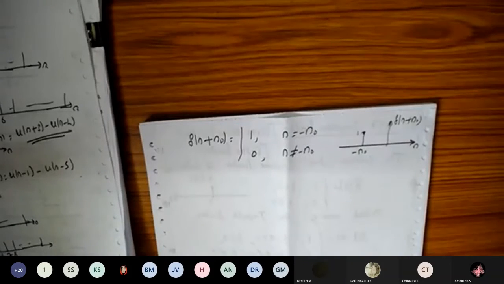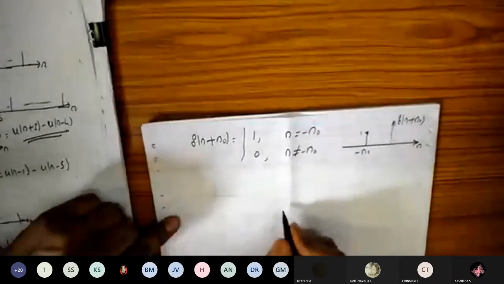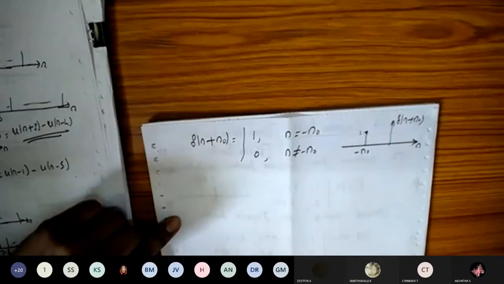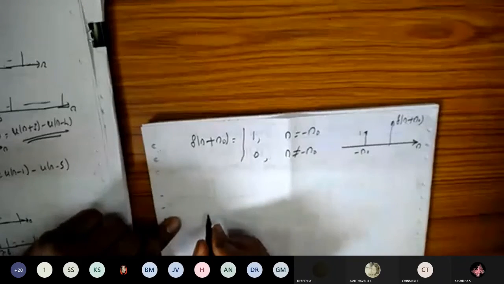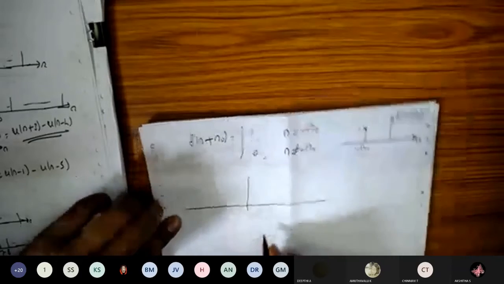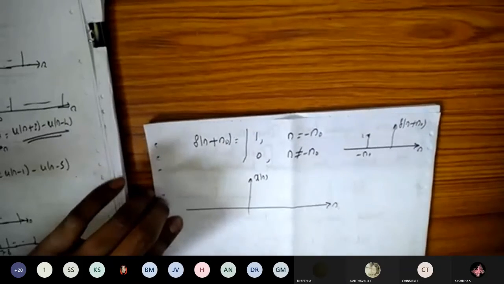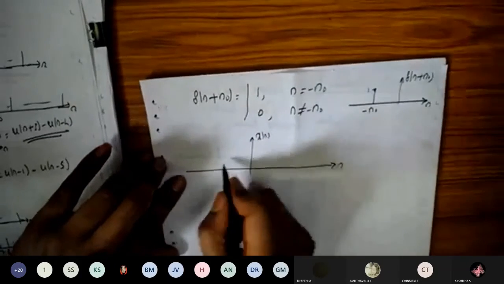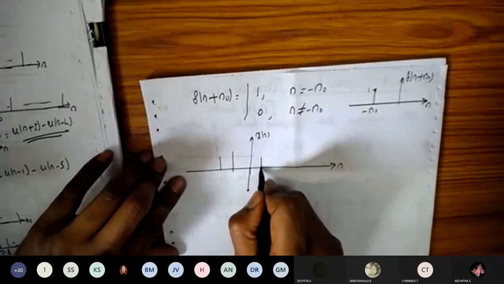We can express any waveform like this. For example, let us consider a waveform x of n, some pulses that I am going to take here. We can express this in terms of the unit impulse function.